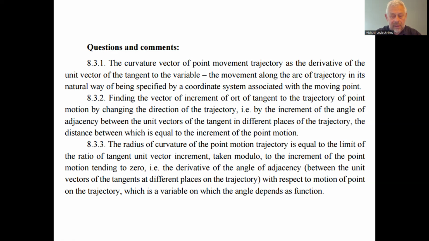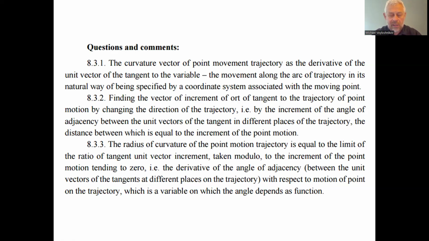We considered the triangle when we move the orth in the next point to the first point, the original point of the motion. At the original location, we have two vectors, and between these vectors we have the adjacency angle.